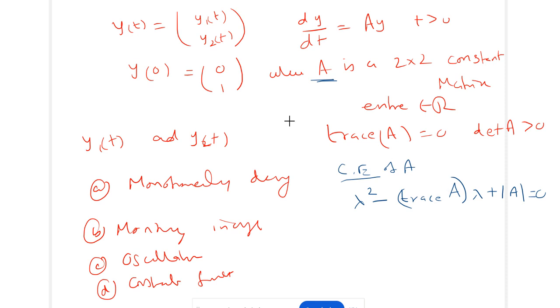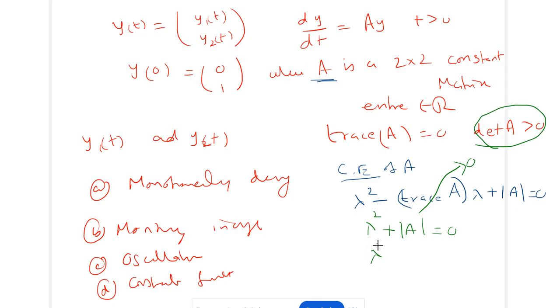From this, trace of A equal to 0 is given, so that term becomes 0. Then lambda square plus determinant of A equal to 0. Determinant of A is a positive value.